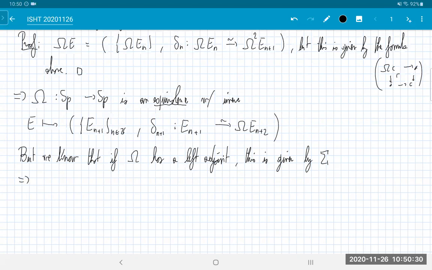And so the suspension of E exists, and it's given by the above formula, since it's an inverse, in particular an adjoint to omega.